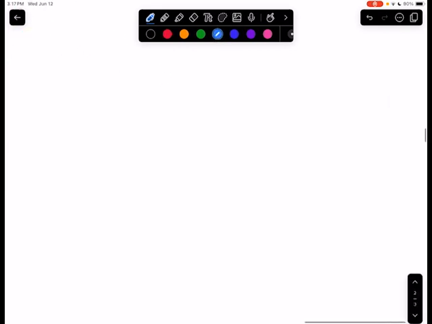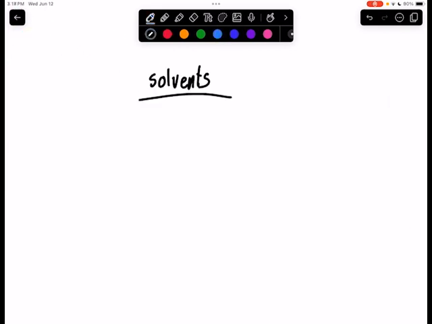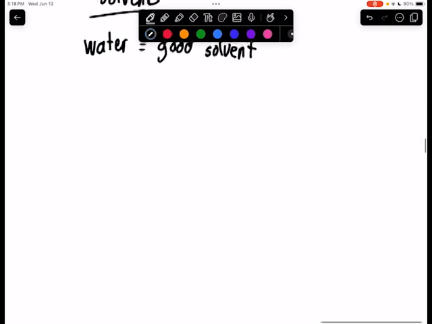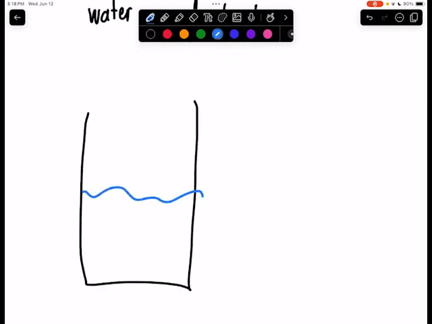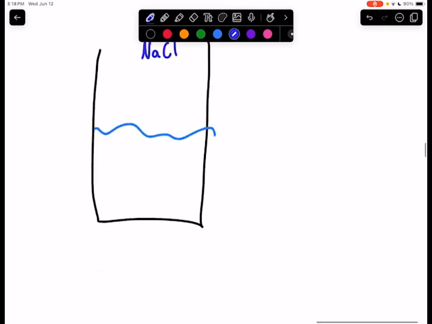And finally, we have solvents. Water is a really good solvent. And basically, that just means that you can dissolve things in it. So, for example, if you have a glass of water, right, and you put in some NaCl, table salt, what happens is this actually breaks up into Na+ and Cl-, right?